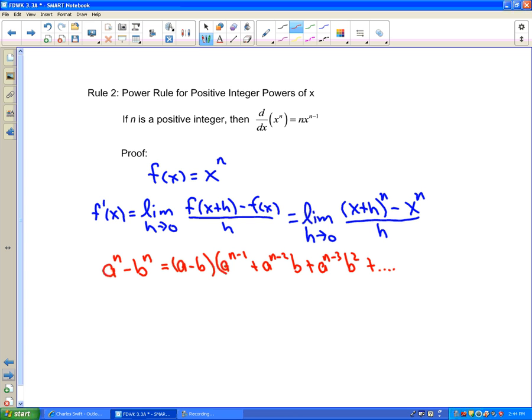And it's going to continue on this pattern until at the end it's going to be a times b to the n minus 2 plus b to the n minus 1.